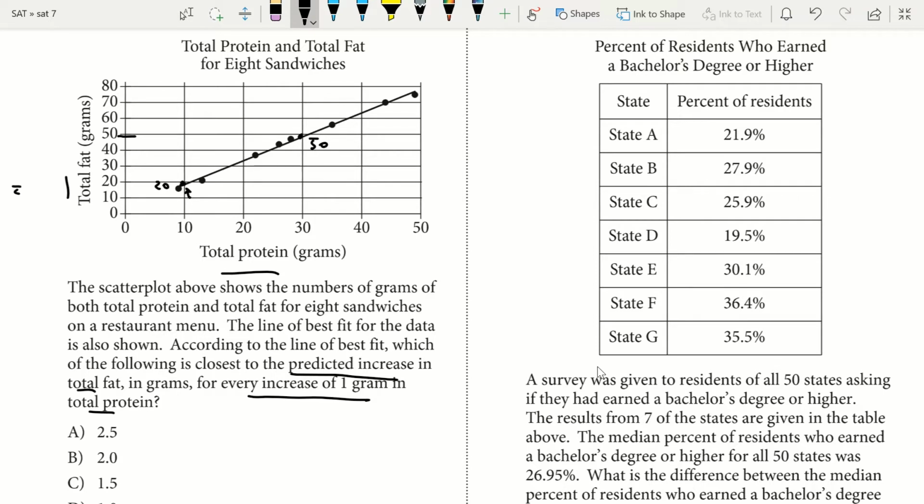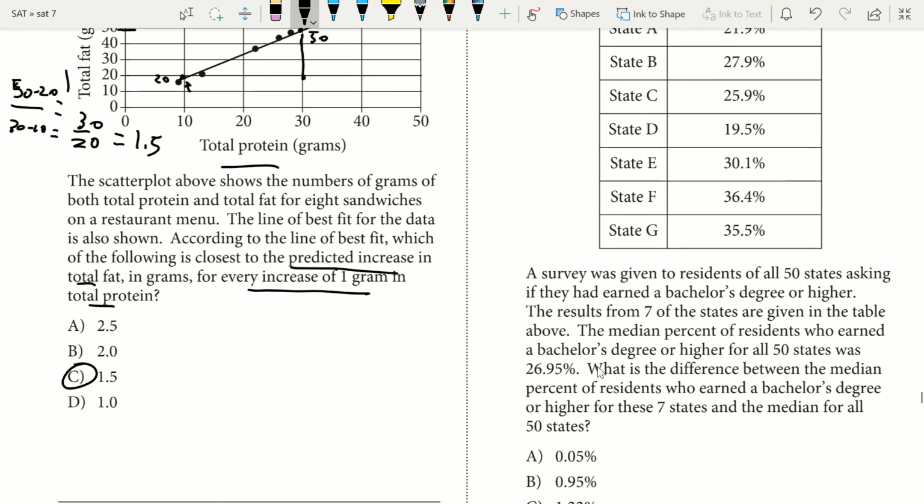So 50 minus 20 is my rise, right? That's going to be an increase of 30, and my run then is going to be from this 30 right here going up to that 50, this 30 minus 10. And that 30 minus 10 will leave me with 20. And I know that 30 over 20 is equal to 1.5 or 3 over 2. So my answer is going to be choice C.